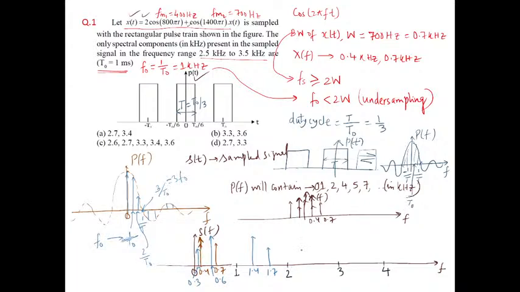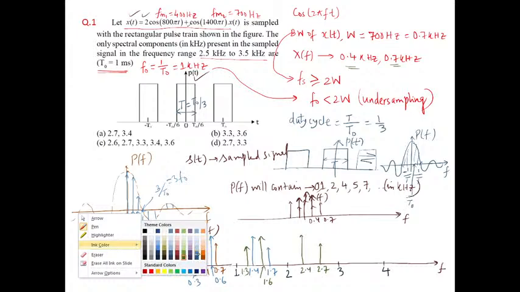Then 2.4 and 2.7. Again 1.6. 1.6 is obtained by subtracting 0.4 from 2, and by subtracting 0.7 from 2, we will get 1.3.